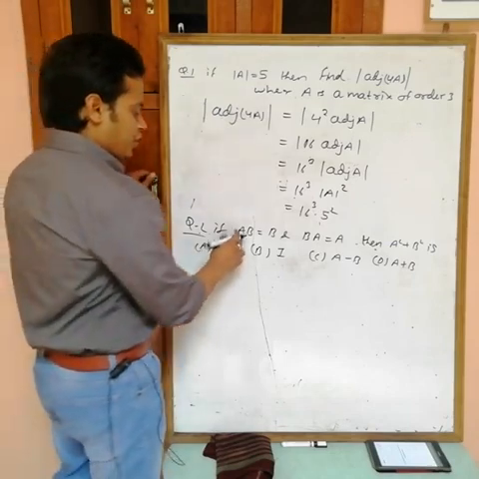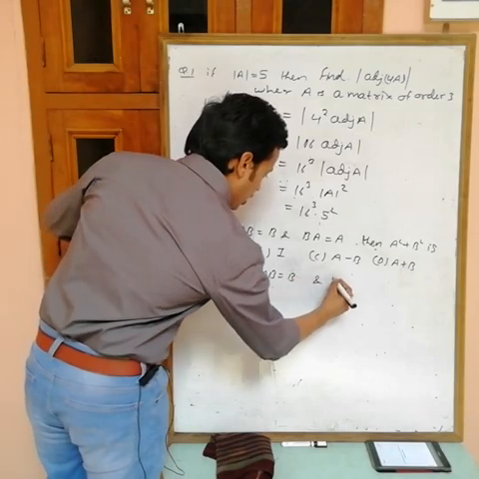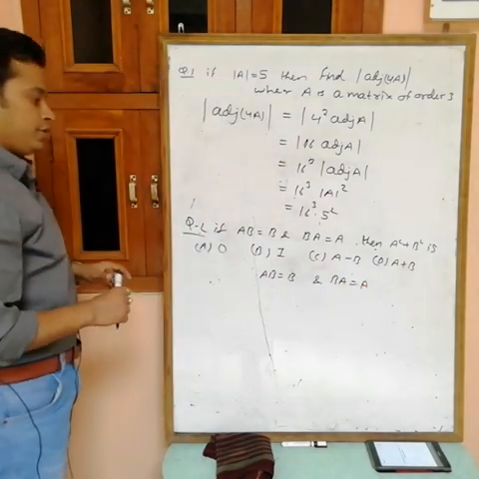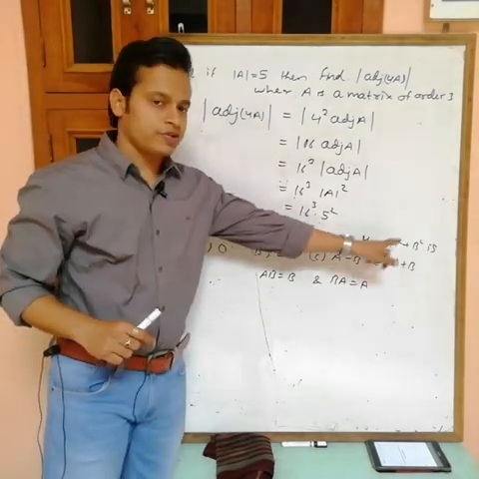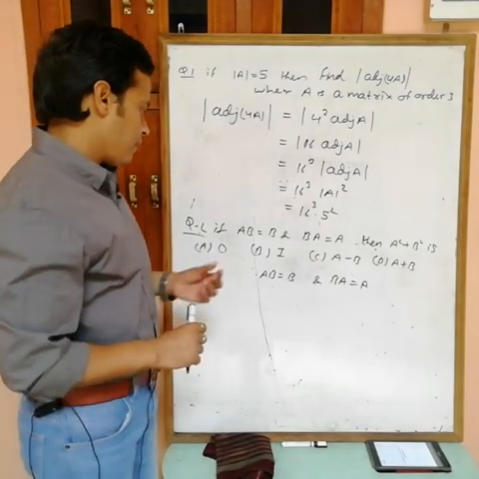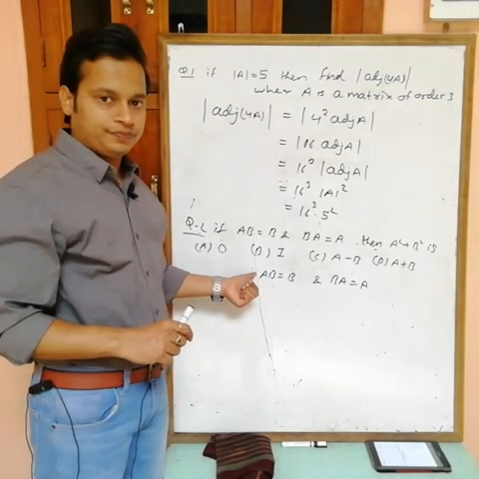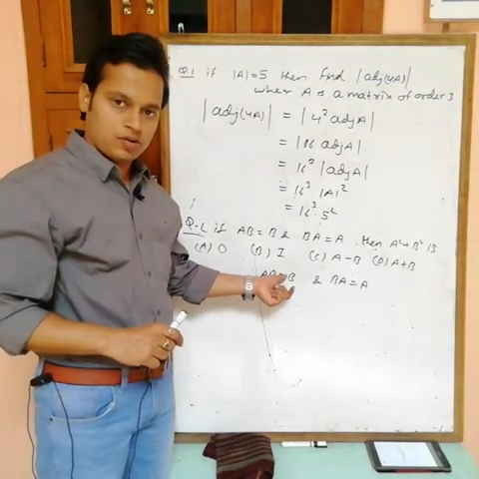Okay, now see, it is given that AB is equal to B and BA is equal to A. Here what we want is A square plus B square. If you multiply this one with B, then what you will get is B square. That you want.